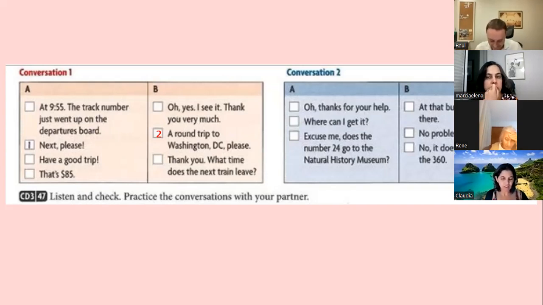This is exercise 5, page 97 in the book. We have number 1, number 2.